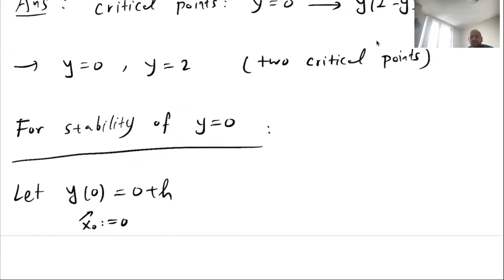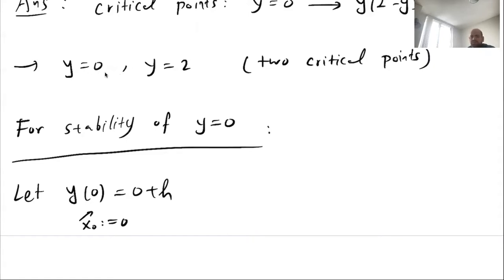So we have to see if we change the initial condition slightly, then what happens to the limit of the solution as x goes to infinity. If y of 0 is 0, then the solution will be y equals 0, the constant function 0, and the limit will be 0 as well, of course.